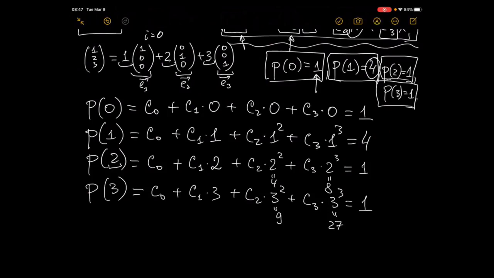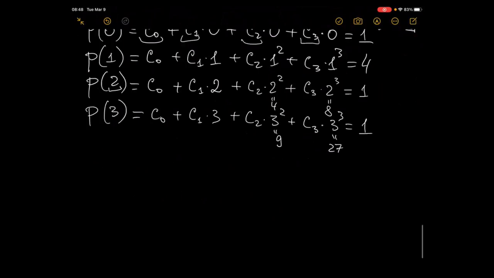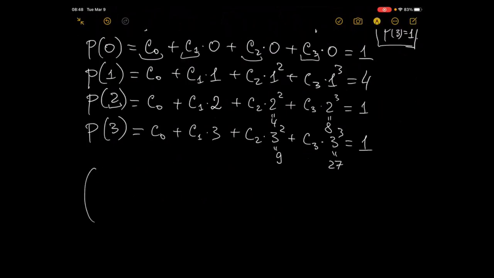So we got 4 equations for 4 unknowns, right? So we don't know C0, C1, C2, C3. But we got 4 equations for these 4 unknowns. So we can write the following system of linear equations.